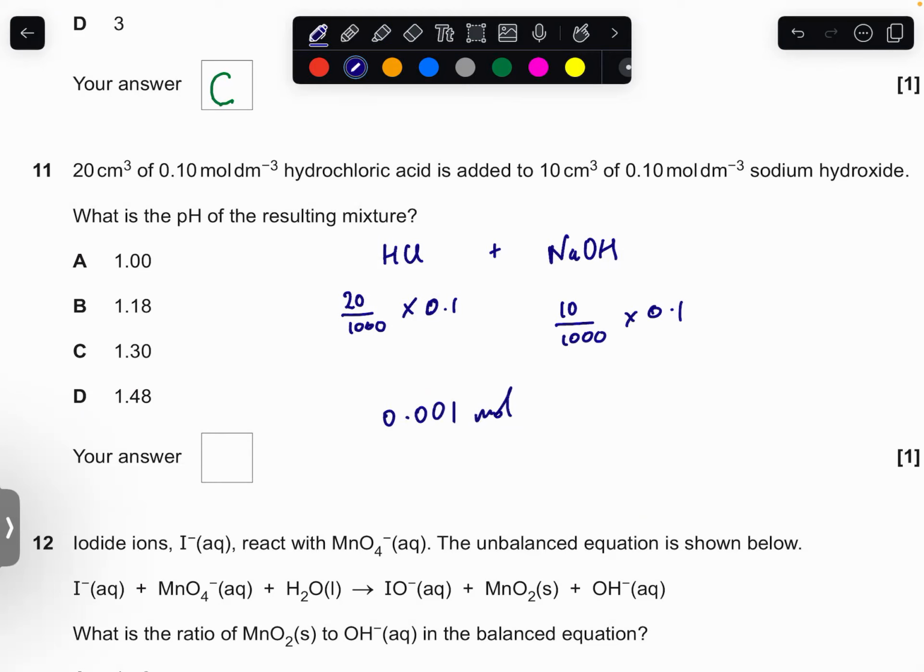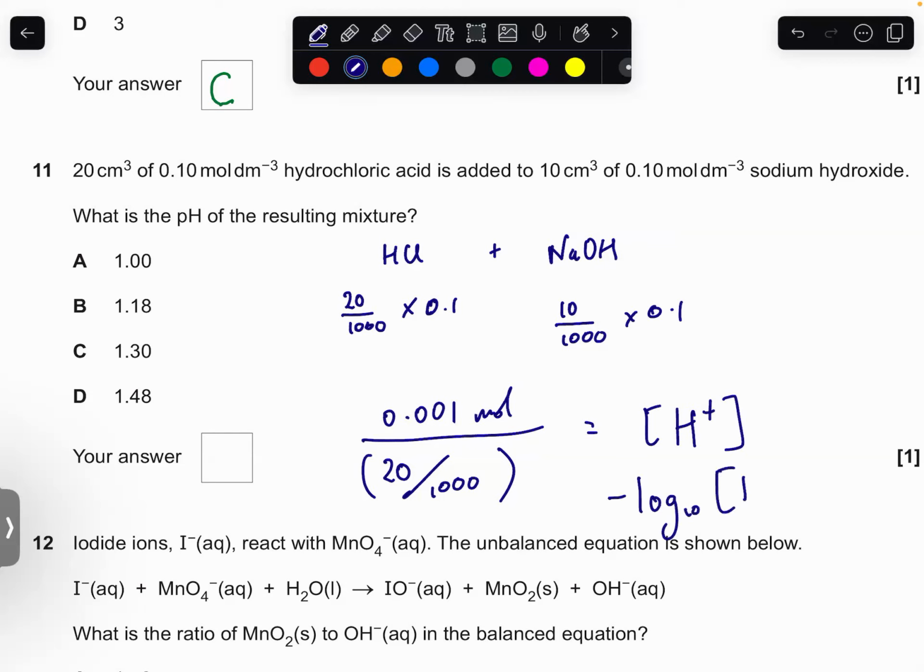And the volume of the total solution is going to be 20 centimeters cubed. Let's convert that to decimeters cubed. This will give you the H plus concentration, because this is of HCl. And we then plug that into the pH expression. And let's see what the calculator gives us.